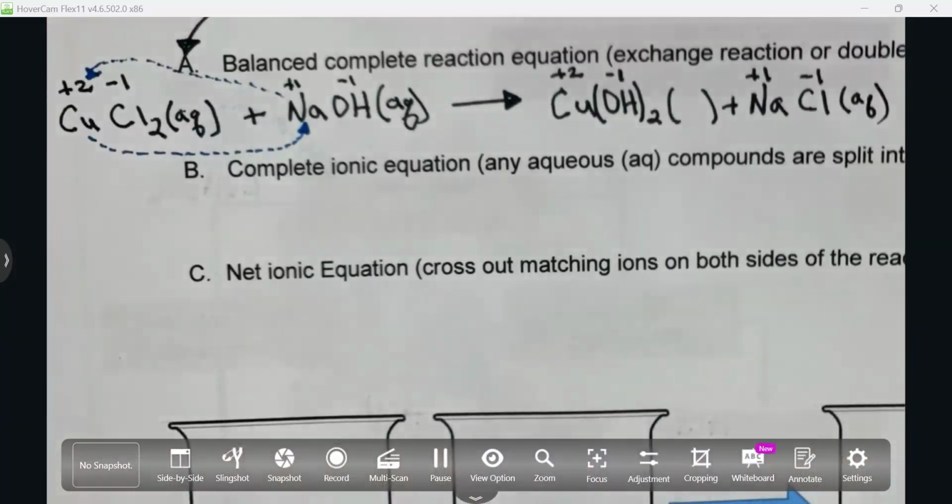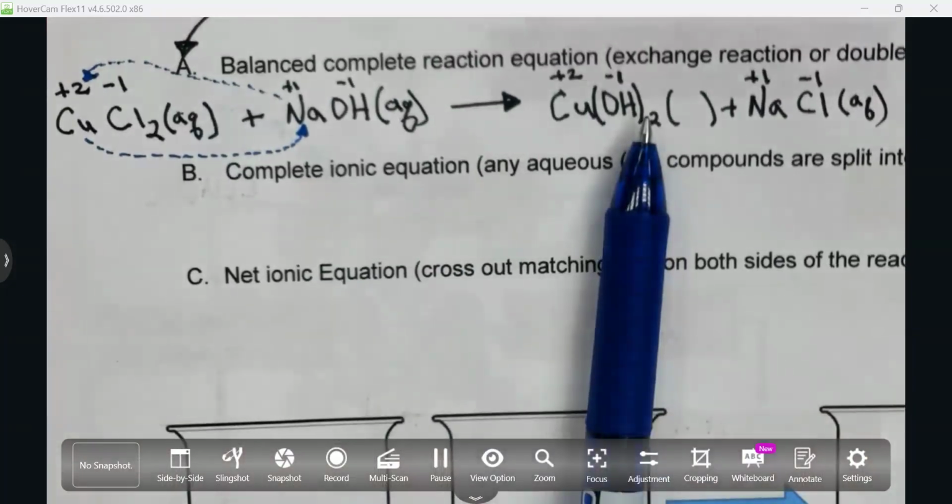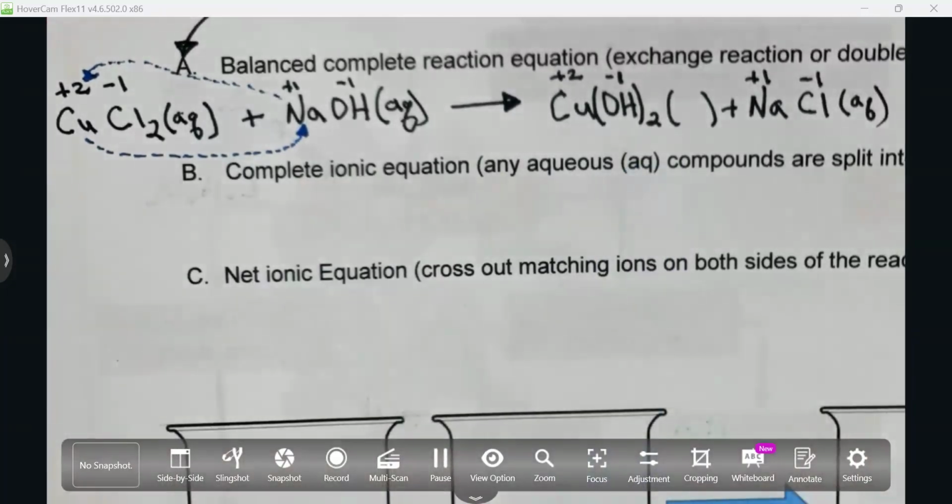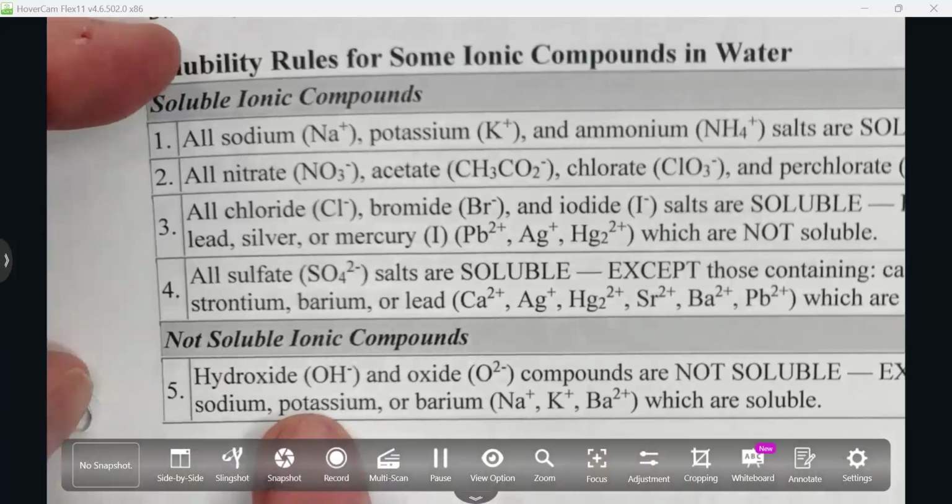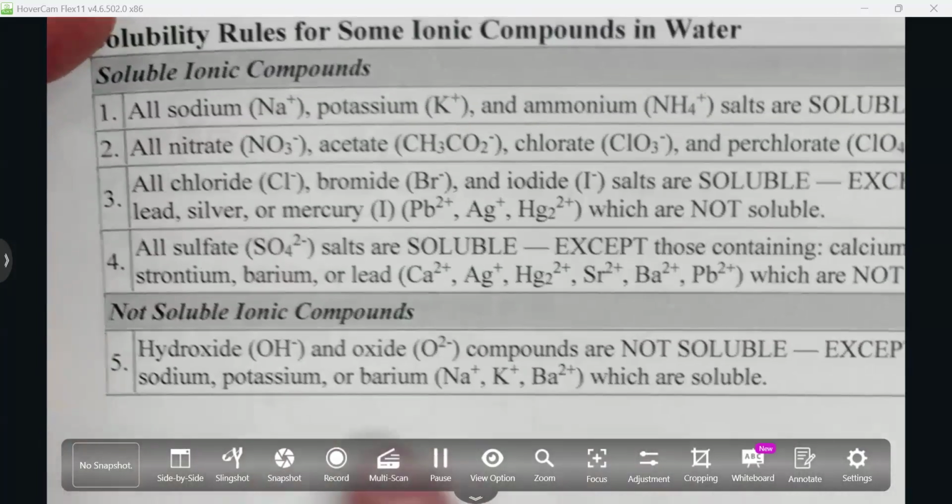But we need to see if this hydroxide is soluble. So if we go to our solubility rules, it would be this one down here.